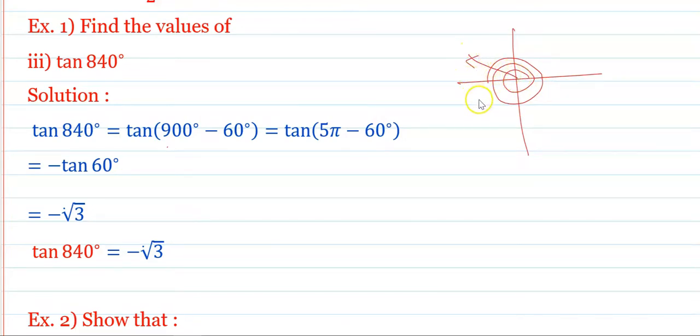It lies in the second quadrant. In second quadrant, tan is negative. Now see this here, integral multiple of pi minus theta, and therefore the function remains as it is. Tan चा tan राहणार, but it is in the second quadrant, and hence it has a negative sign, and therefore tan of 60 is equal to minus root 3, and hence tan of 840 is equal to minus root 3.